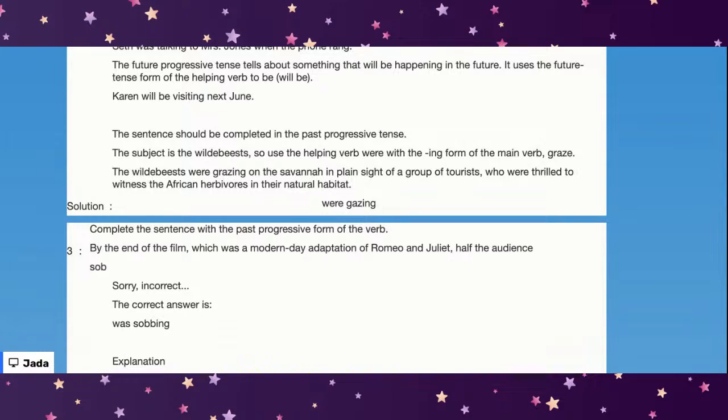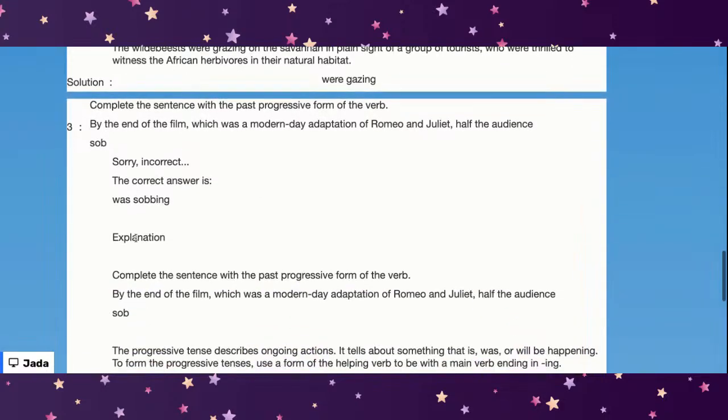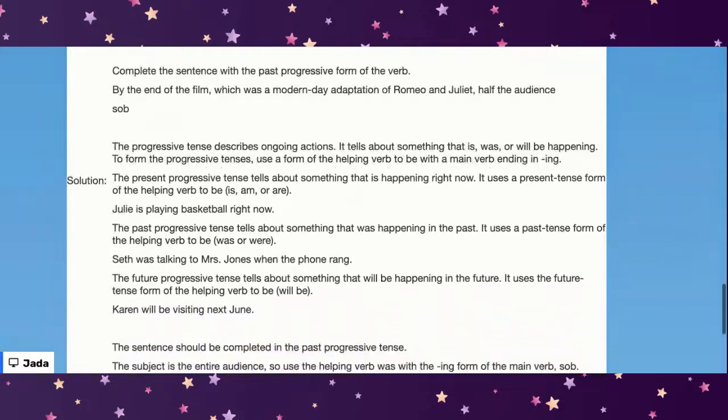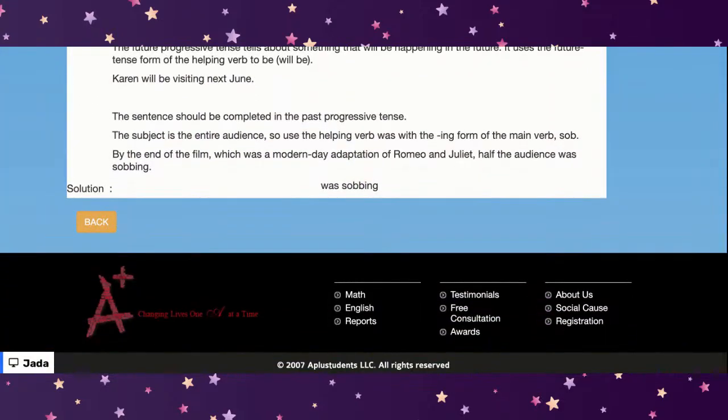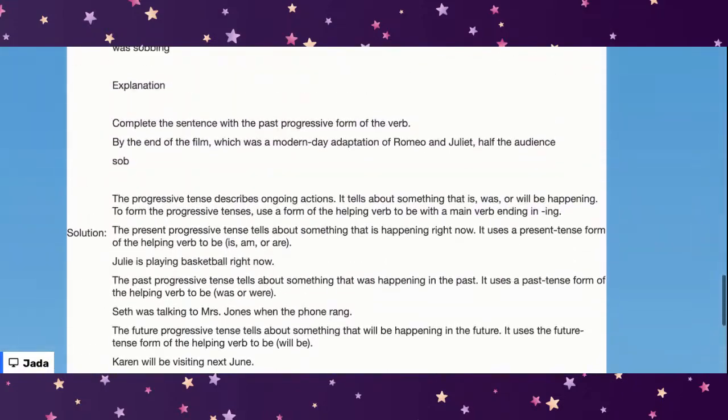And then, at the end of the film, which was a modern day adaptation of Romeo and Juliet, half the audience sobbed. So now, past tense, half of the audience were sobbing at the end, just like they were crying at the end.